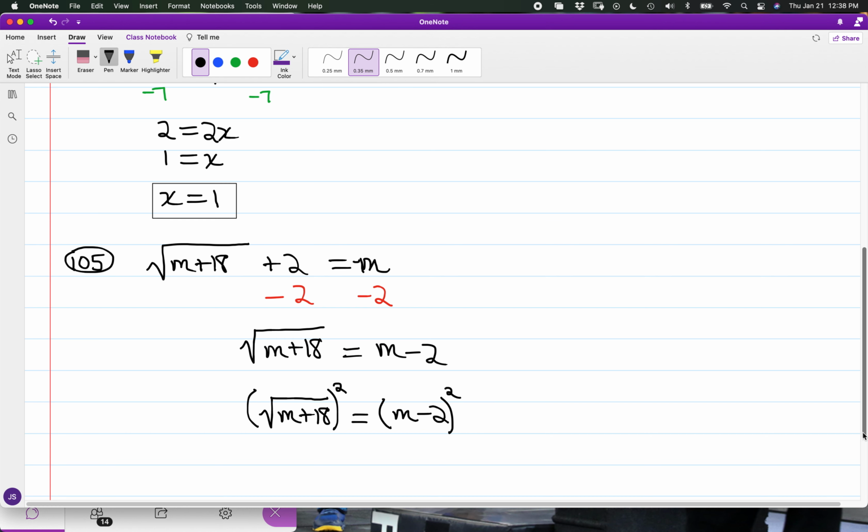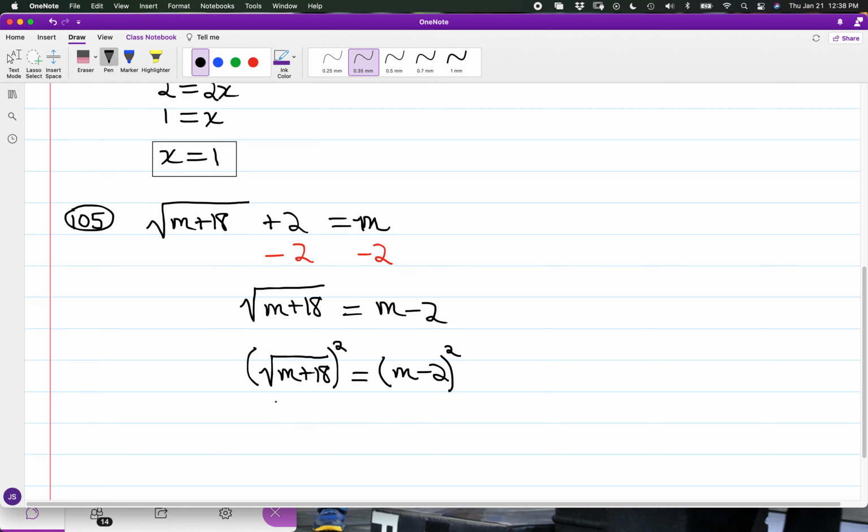Okay, so we have the square root of m plus 18 squared, so we're going to have m plus 18, and just a quick mention for the square of m minus 2.